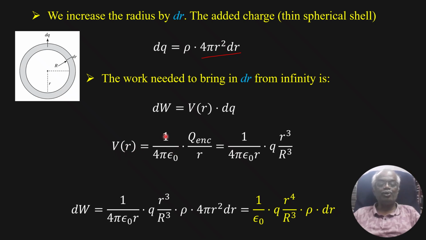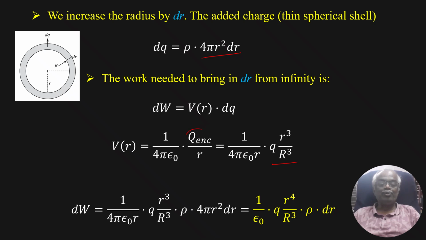Potential is equal to 1 over 4 pi epsilon naught, the total charge enclosed over r. By definition, it is the potential as a function of r. Now Q enclosed, we have seen just now, is equal to Q multiplied by r cubed over capital R cubed.